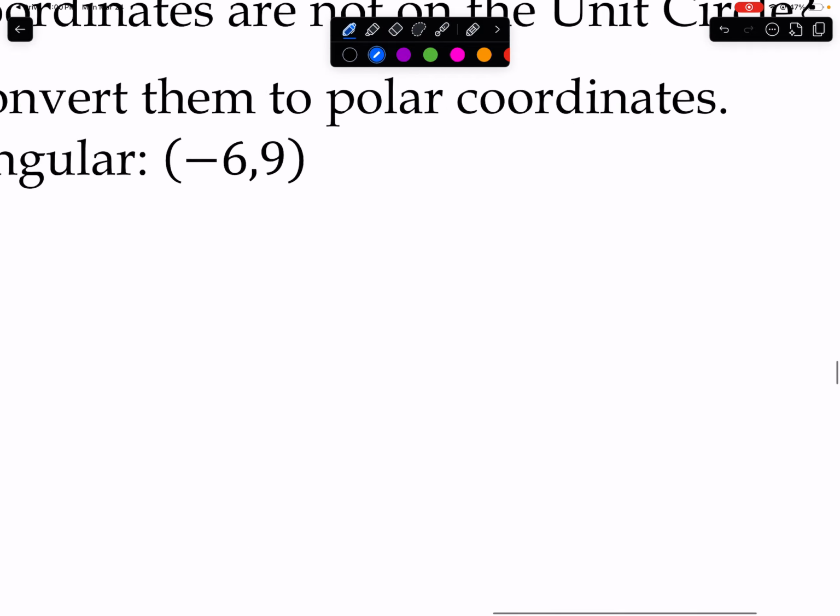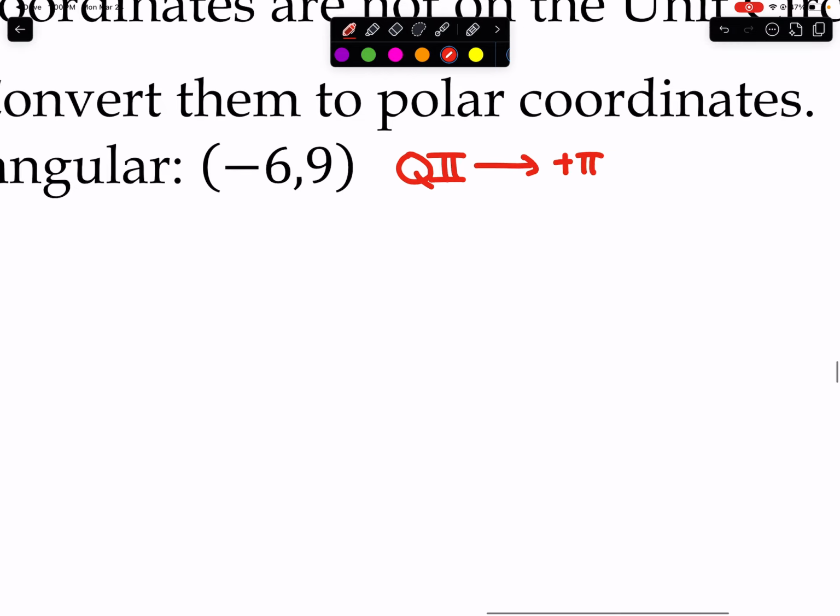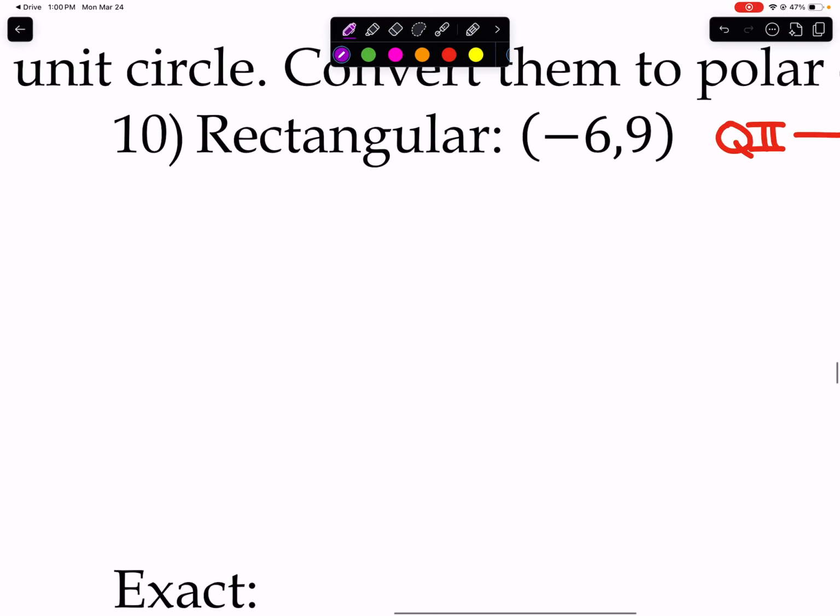Now with number 10, this one's kind of gross, I'm not gonna lie. So negative 6 comma 9, that's gonna put us in quadrant 2. And because we're in quadrant 2, that means we're gonna have to add pi. So for my r value, we're gonna have negative 6 squared plus 9 squared.